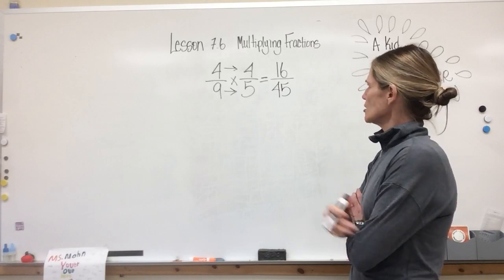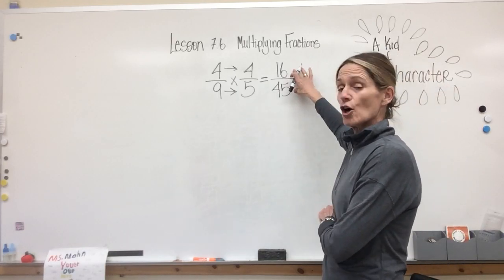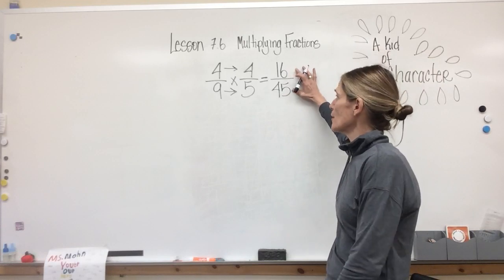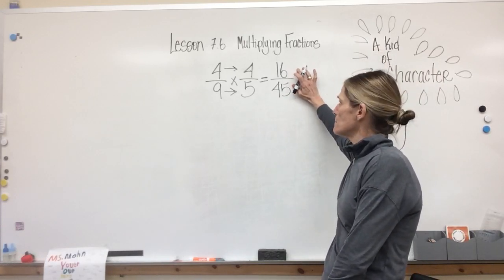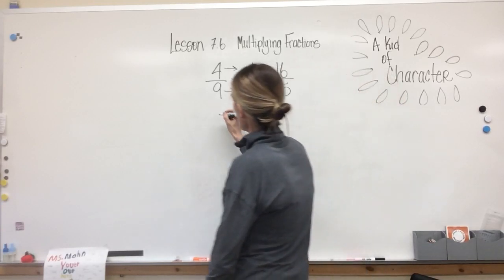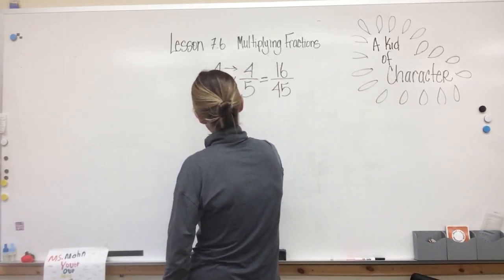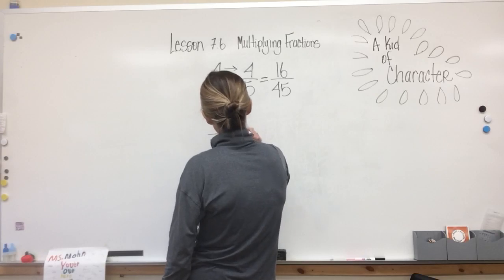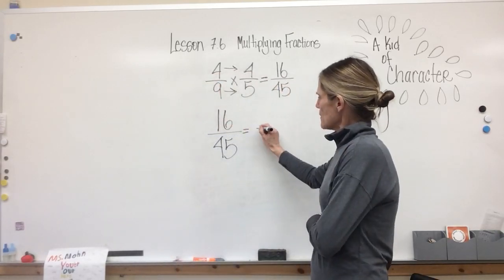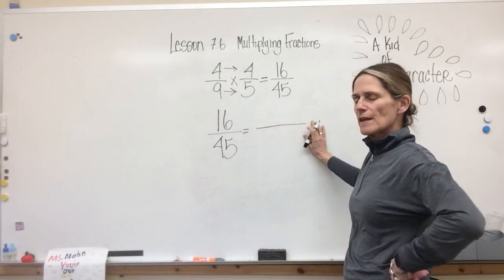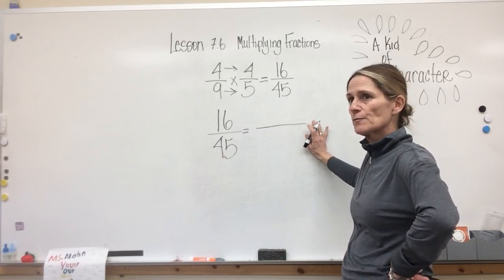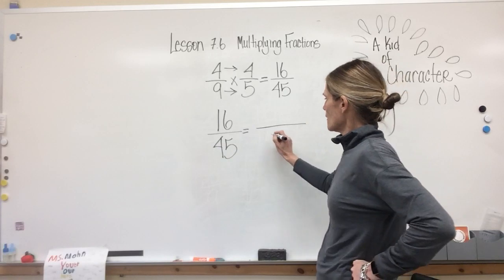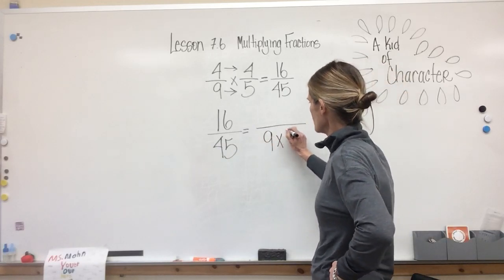In this case, both of these numbers are not even, and so I know that it's not divisible by 2. Let's see. I can say 16/45. I might start at the bottom and think of all of the factors that lead me to 45. There's not that many, are there? There is 9 times 5.